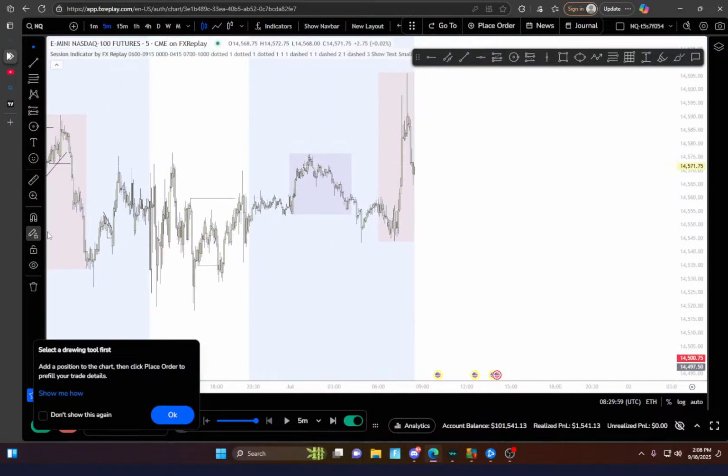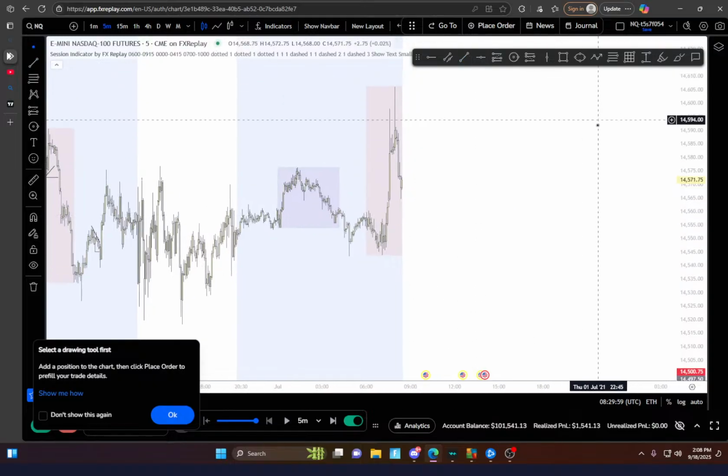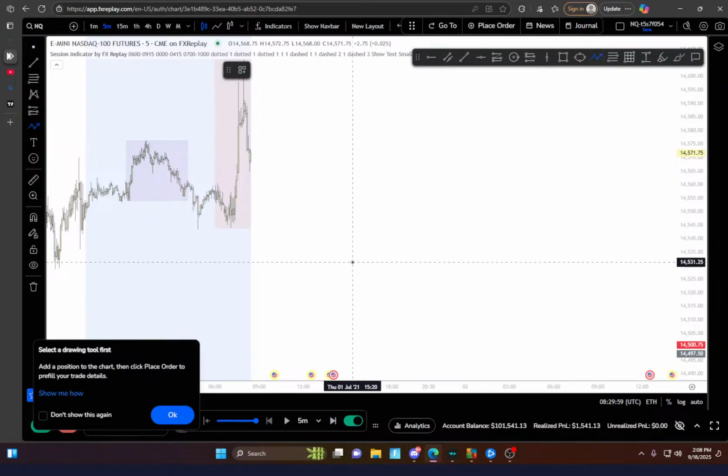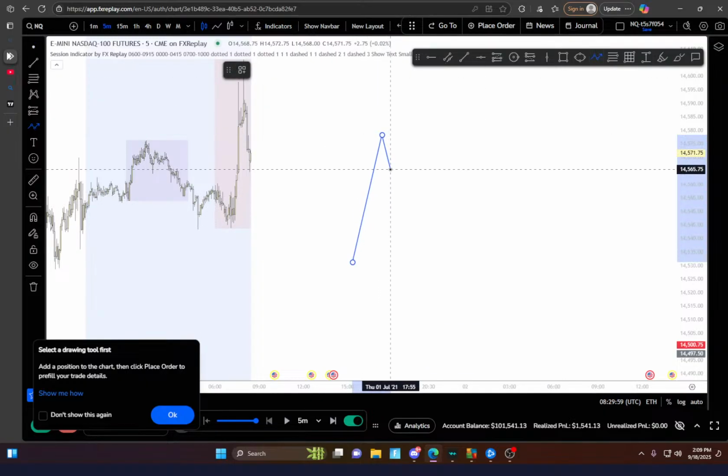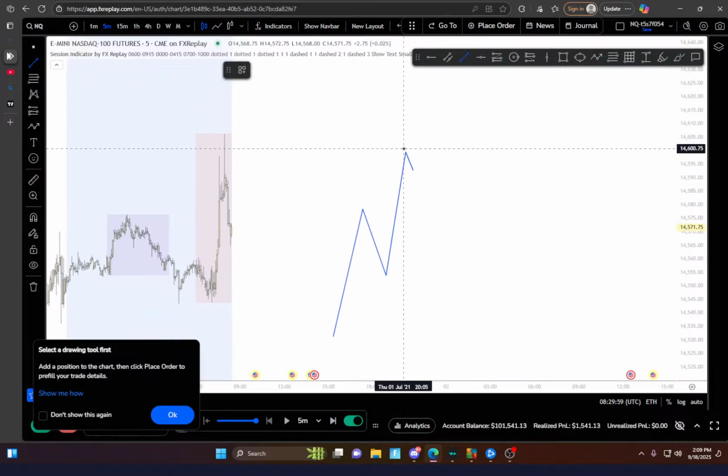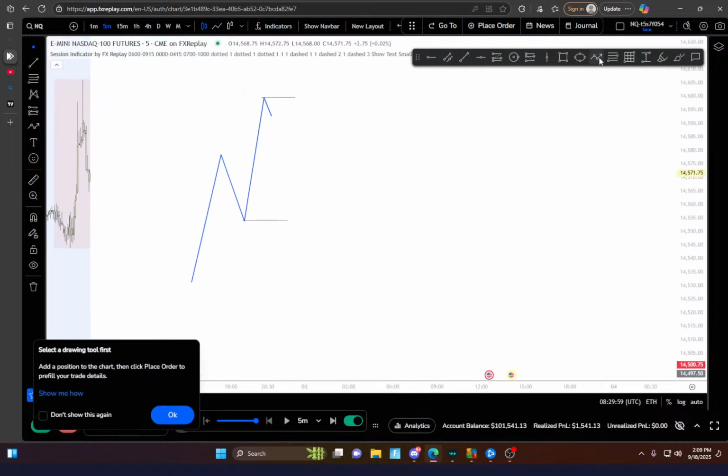So when I look at inducements, it's a leg with a lot of buildup. Let's say from this high to here, there's a lot of buildup within.